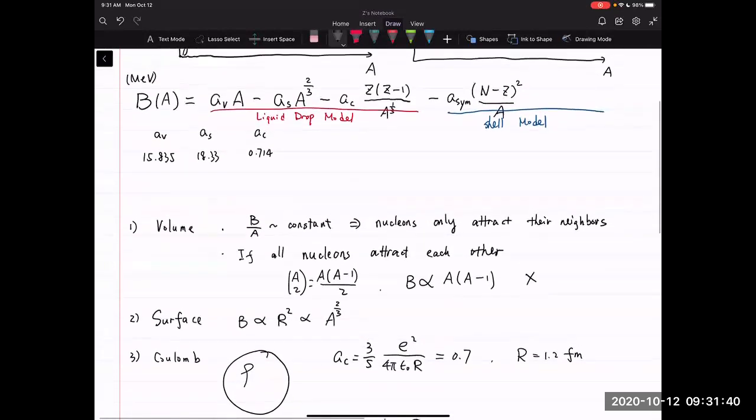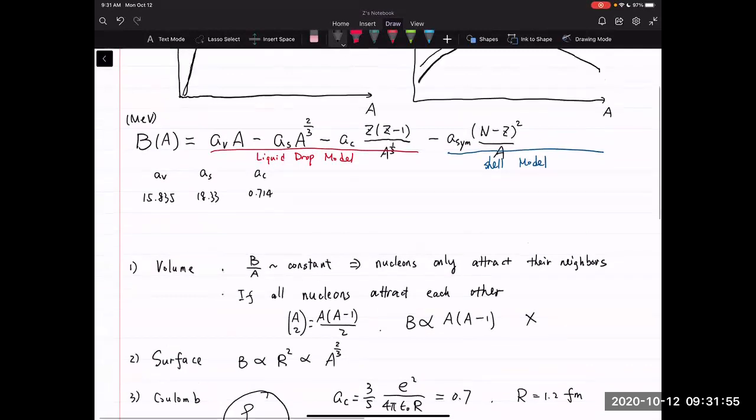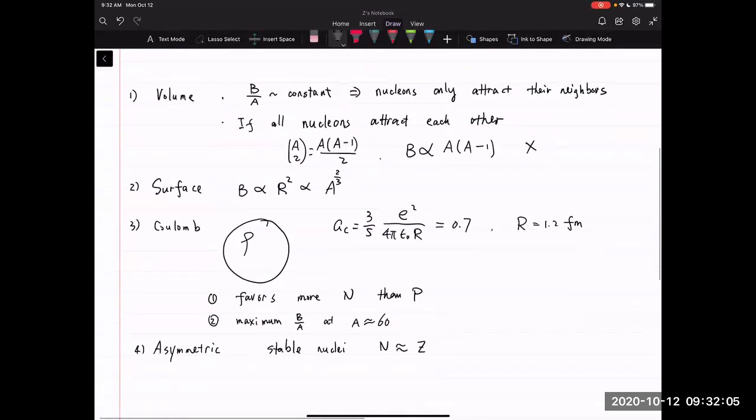So, in fact, with this formula, we can compute that. We have B as a function of A. Then we can take the derivative and find out where this maximum is. Okay. So the reason we have this maximum near the iron location is because of a combination of two things.